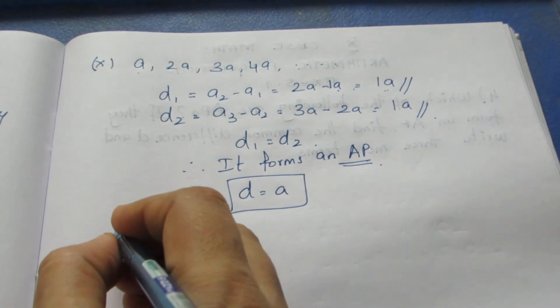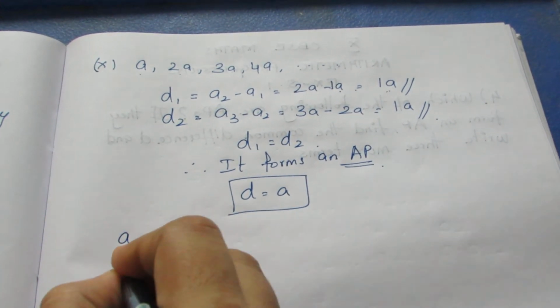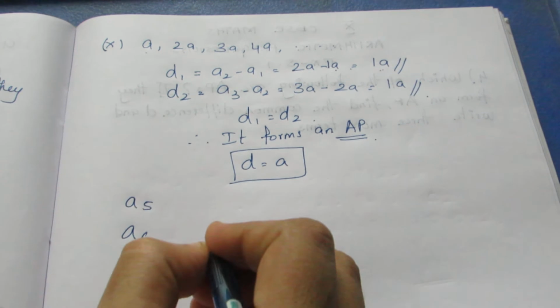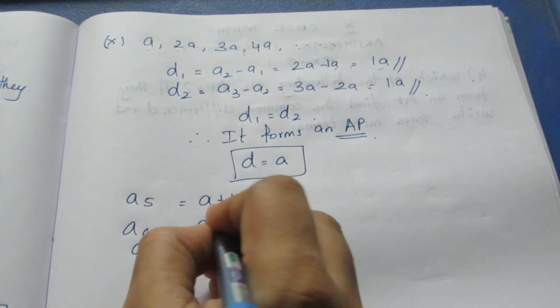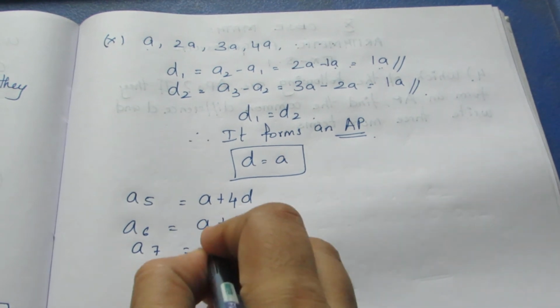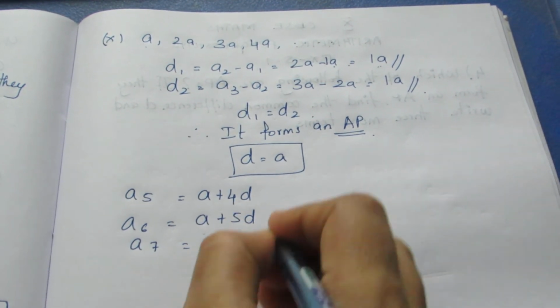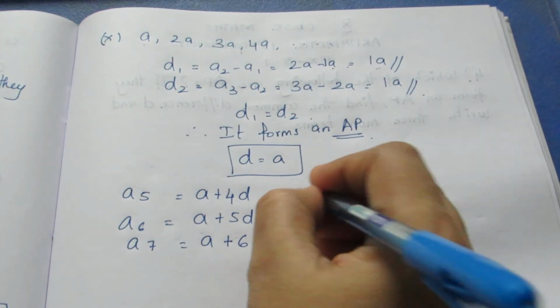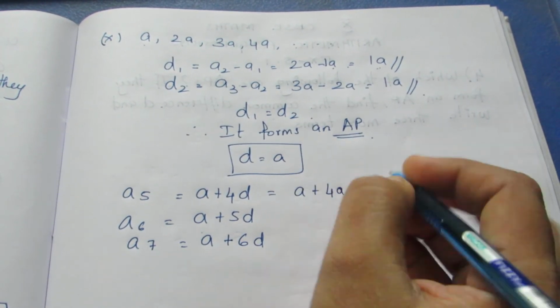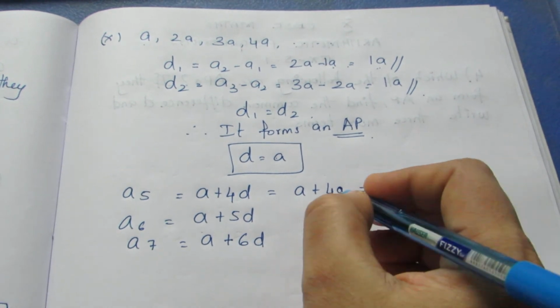We need to find the next three terms, that is A5, A6 and A7. A5 is A plus 4D, A6 is A plus 5D, A7 is A plus 6D. So here A plus 4 into the common difference A. 4 into A will become 4A.